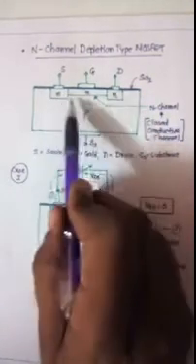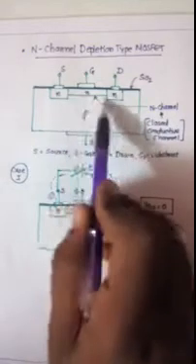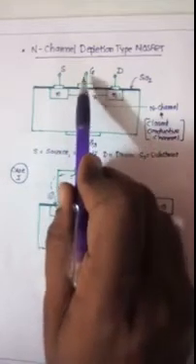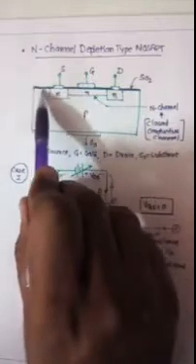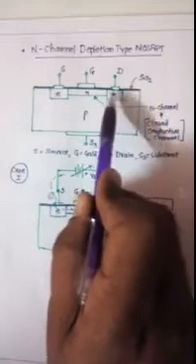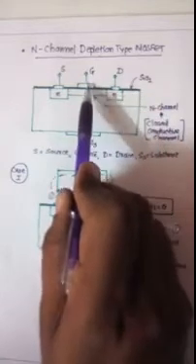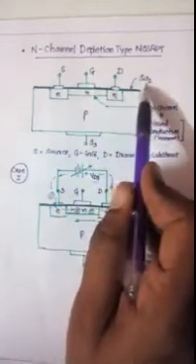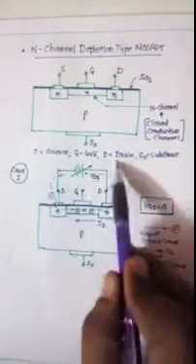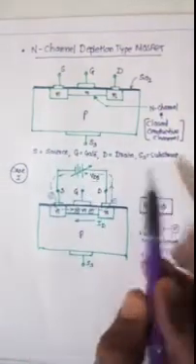In between these two, a conductive N type channel is available, and there is the gate terminal. A very thin layer of insulation, silicon dioxide, is placed between gate and substrate. Here S is the source, G is the gate, D is the drain, and SS is the substrate.